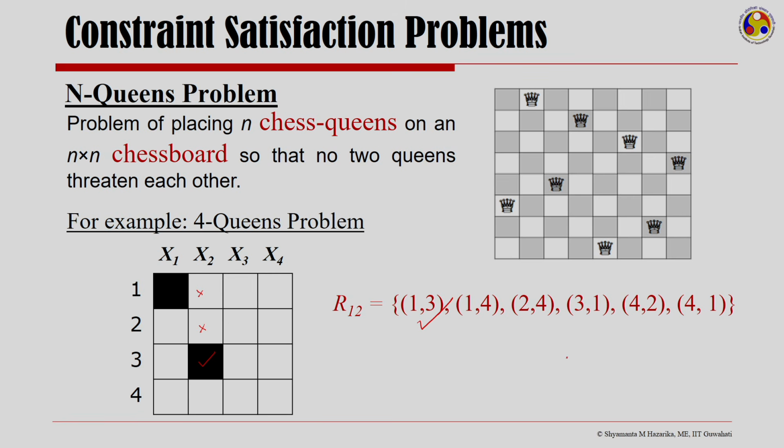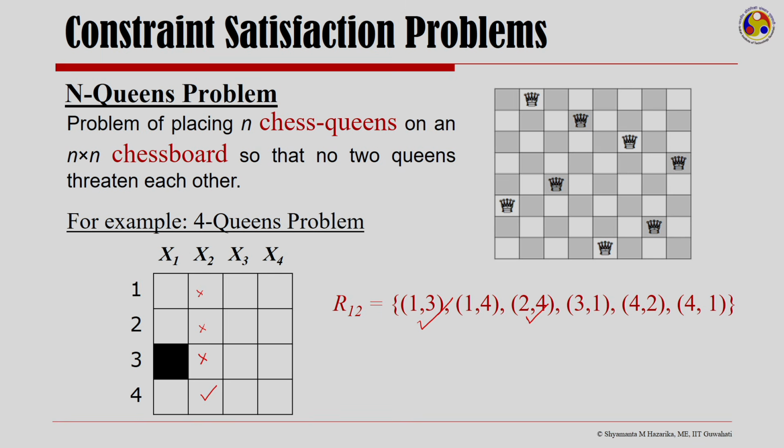Similarly, we could include 1 and 4, and then we could think of the second row for the first queen, and then the positions that could be possible is also not this, as the only position that would be possible is this. So, we could explicitly state that and include 2, 4 here.